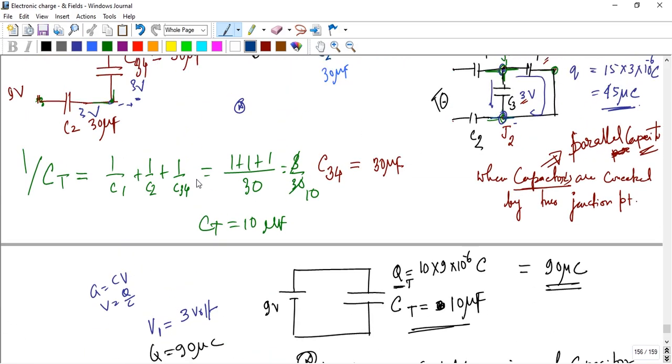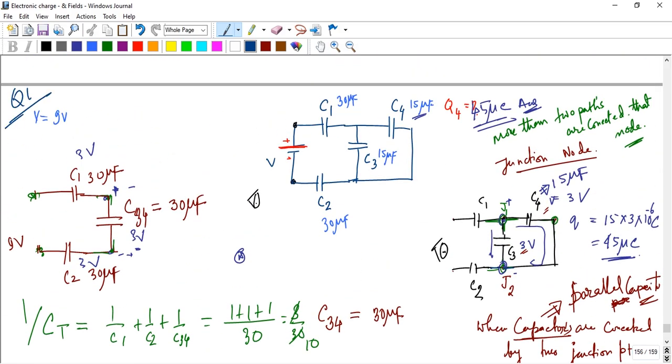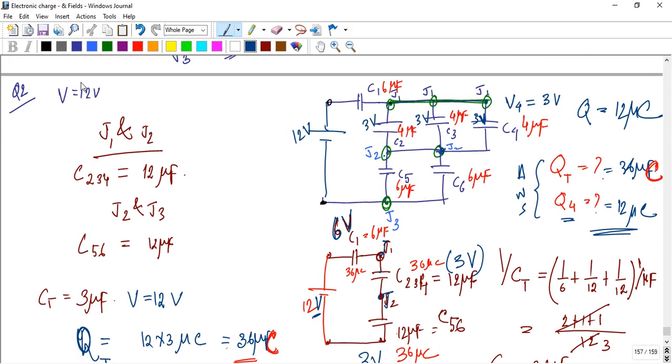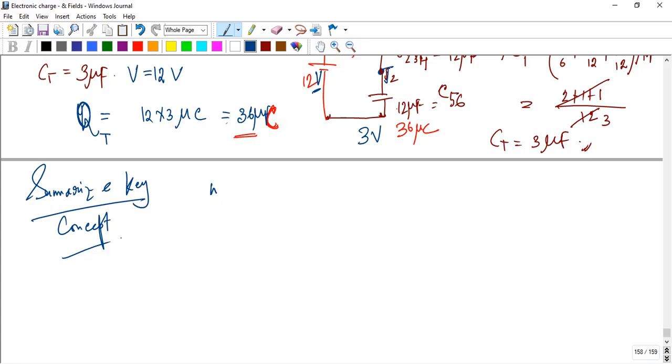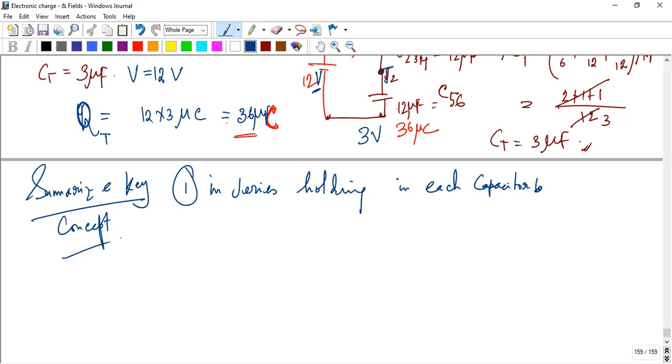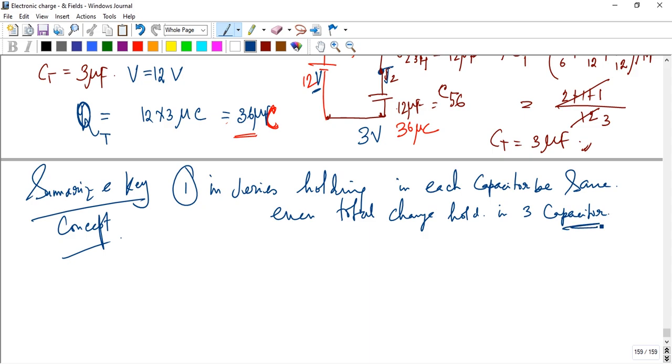The key concept is that in series combination, the charge held in each capacitor is the same, and the total charge is also the same as on each of the three capacitors.